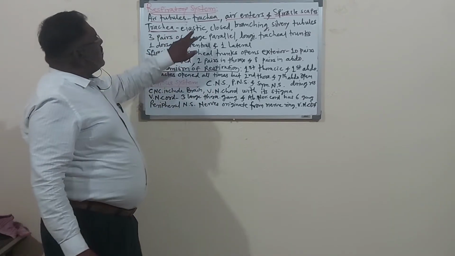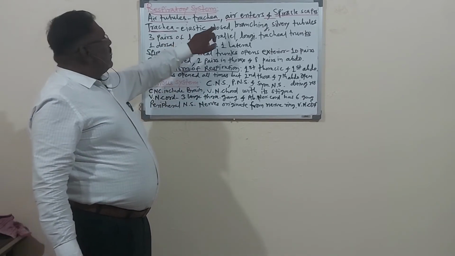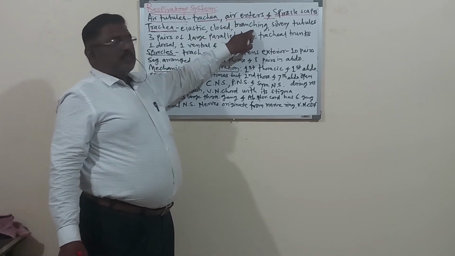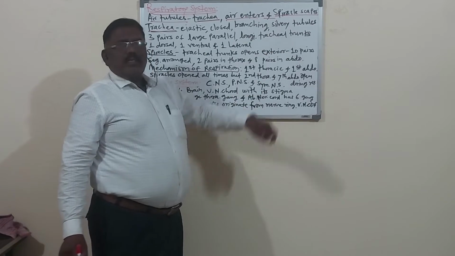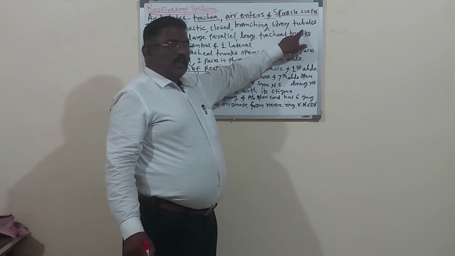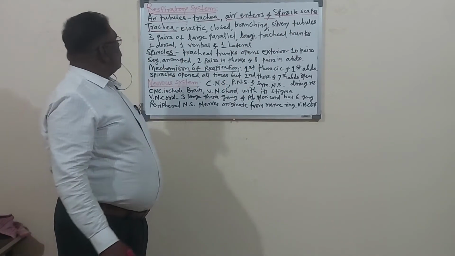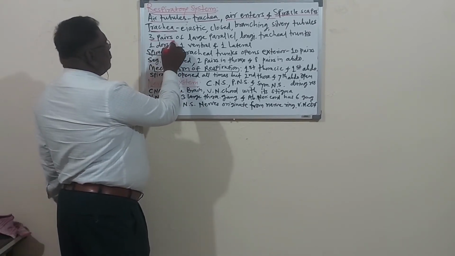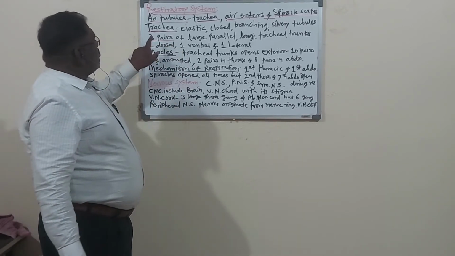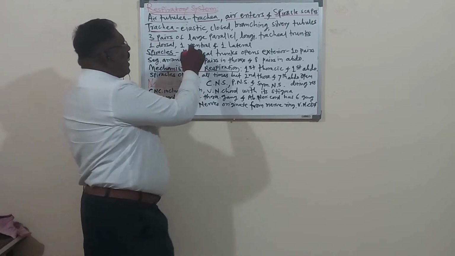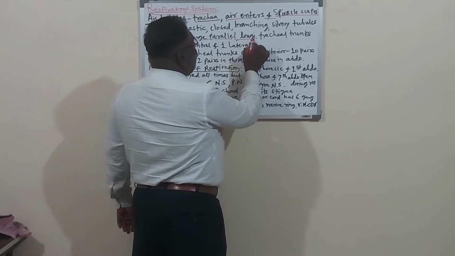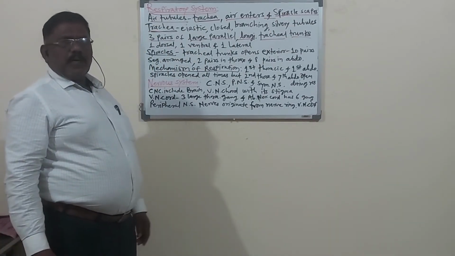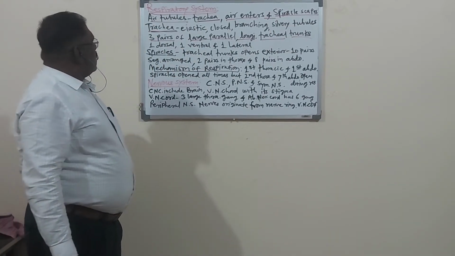The trachea is elastic. It is a closed type branching system of silvery white tubules. There are three pairs of large parallel longitudinal tracheal trunks in the respiratory system of the cockroach.